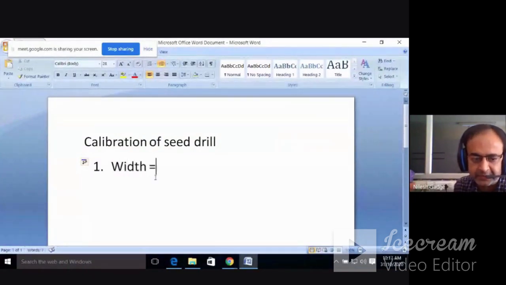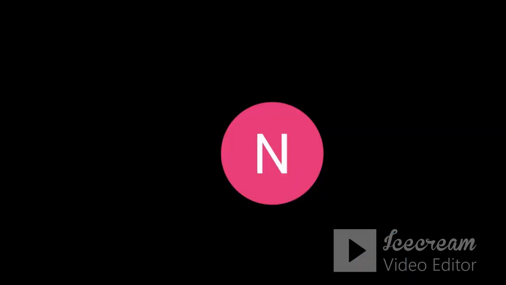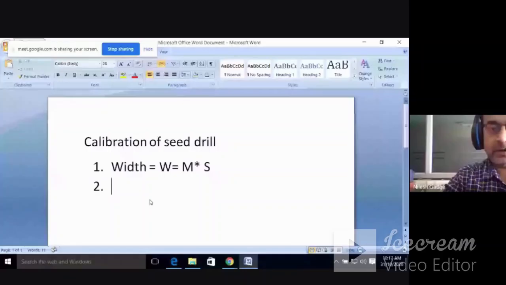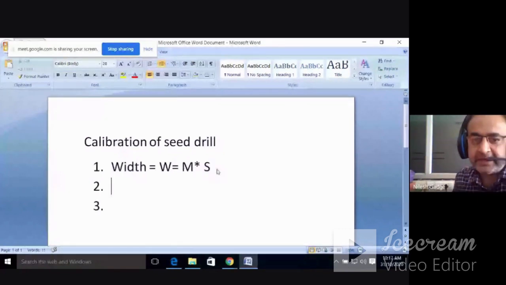How is this width calculated? It is m multiplied by S. So what is M in that? M is the number of furrow openers, and S is the spacing, the distance between them. Now, what we have to find out?